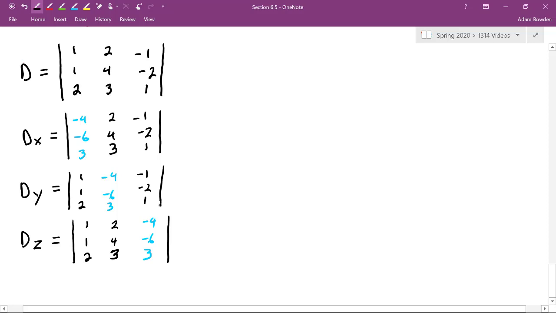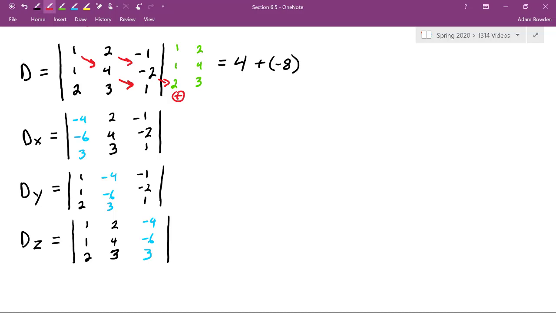Alright, so now let's calculate each of these determinants. And the first one, like we did before, we take and we write the first 2 columns over here on the side. And then we start multiplying diagonally down and to the right. So 1 times 4 times 1 is 4. 2 times -2 times 2 added is plus -8. Then -1 times 1 times 3 goes plus -3.